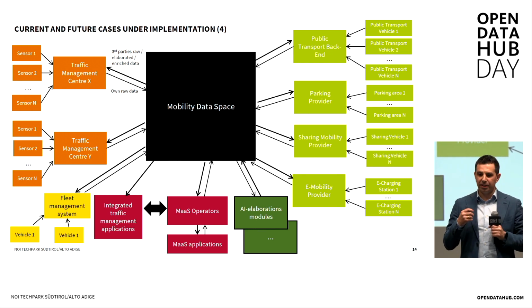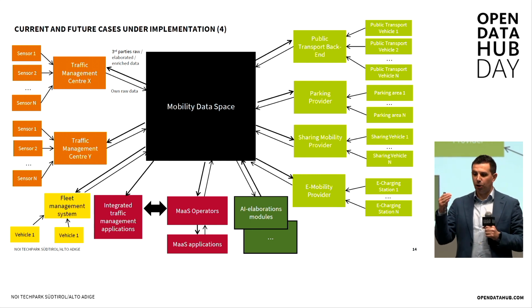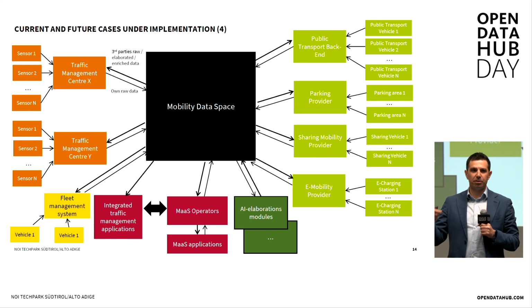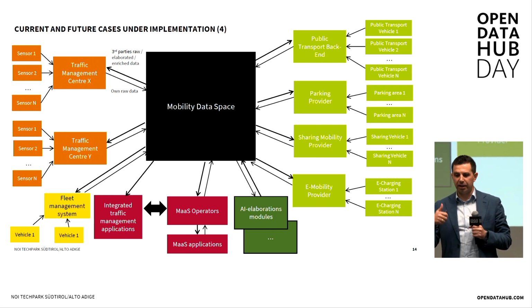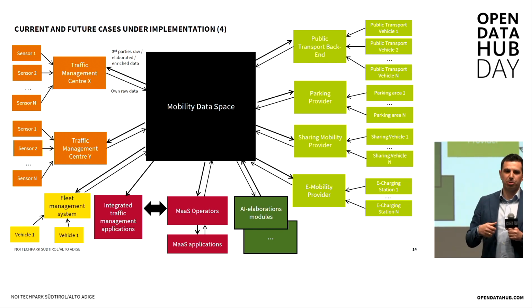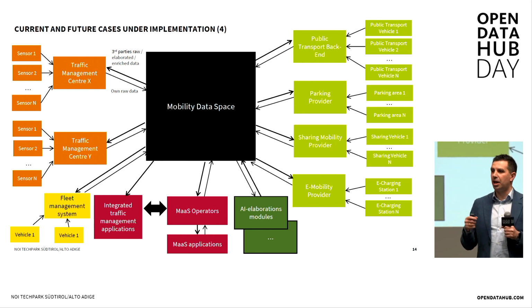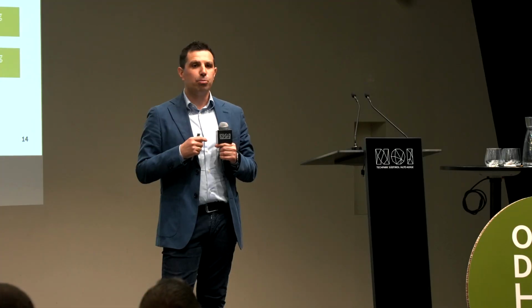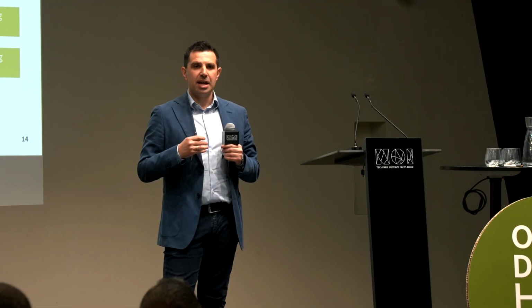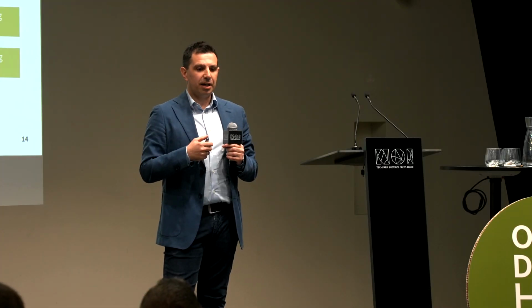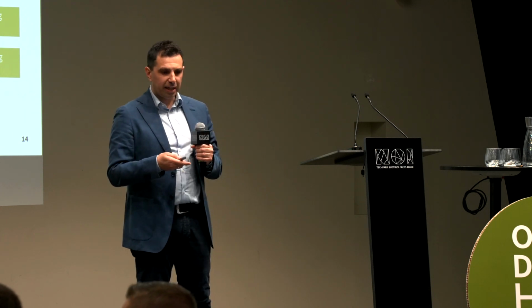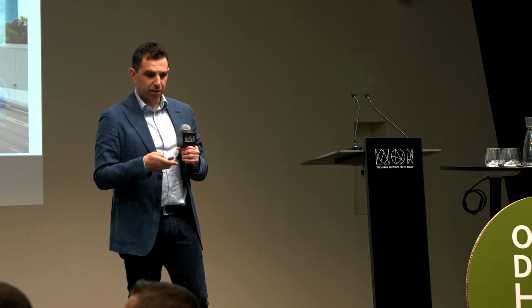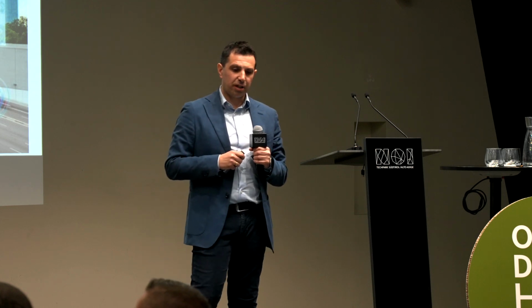All the traffic domain systems are connected to the Open Data Hub, all the mobility systems, so all the operators that provide services like parking, e-mobility and public transportation are also connected, and we just have to connect all these systems together, put everything together and understand what the situation is in real time, as you can see in this picture.